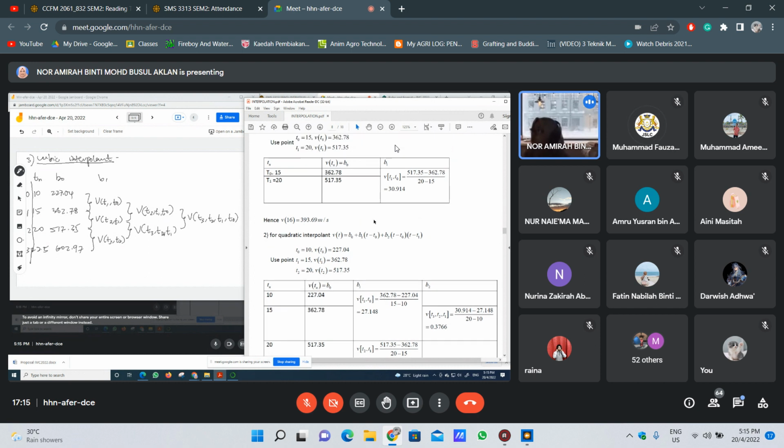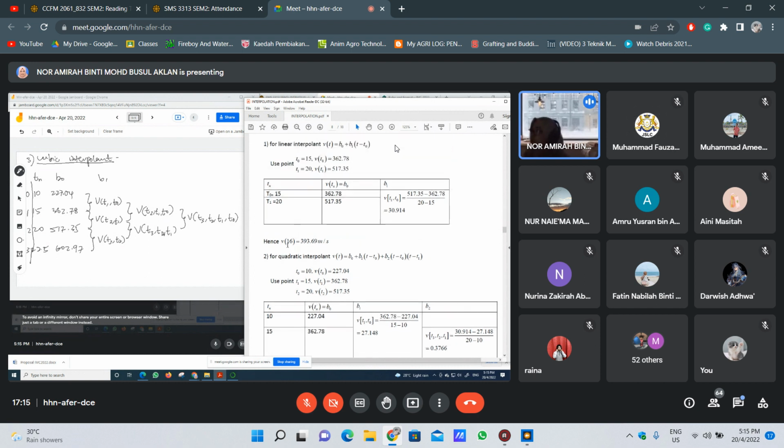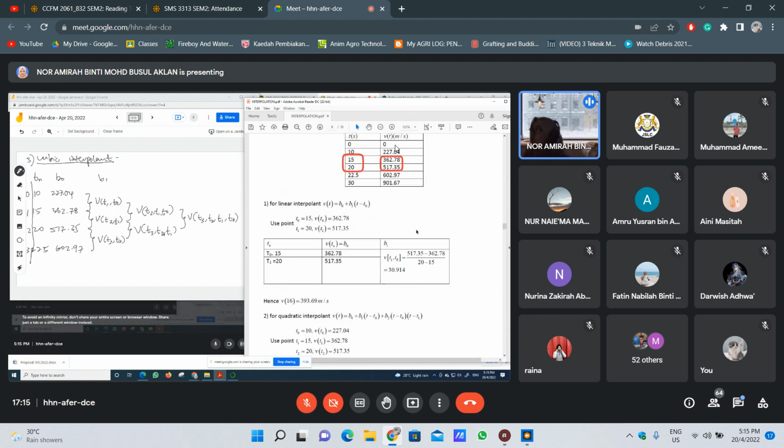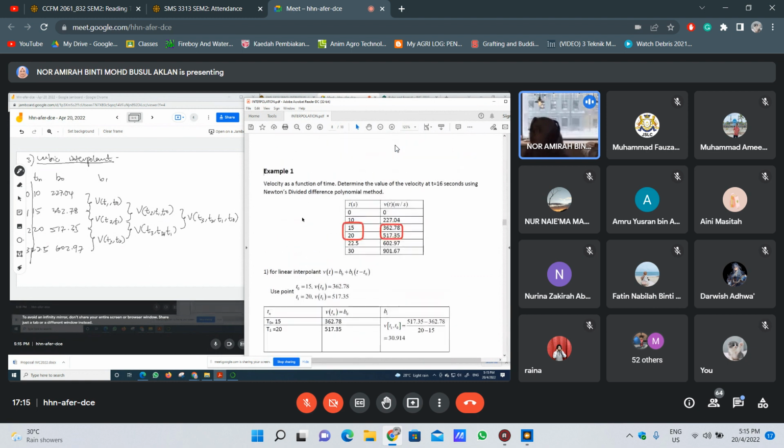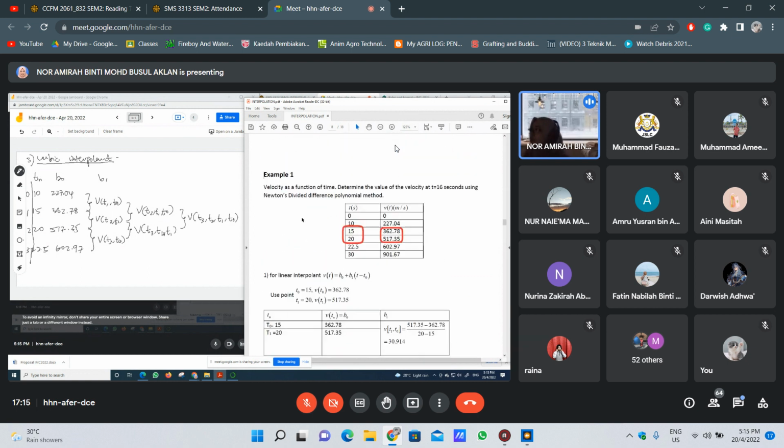okay, so as you can see, macam ni. So sebenarnya you all nampak tak what you are trying to find from the interpolation ni? Estimation, kelas? Determine the value of velocity at t equals to 16 seconds using Newton's divided difference polynomial method.